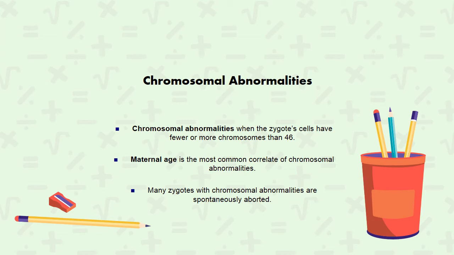It is usually said if the age is more than 35 years, then there is likelihood of developing chromosomal abnormalities, and they are being aborted if it is found out through medical tests and examination.